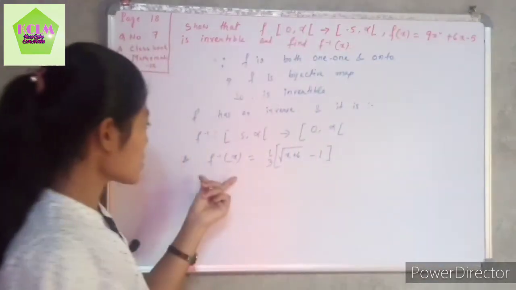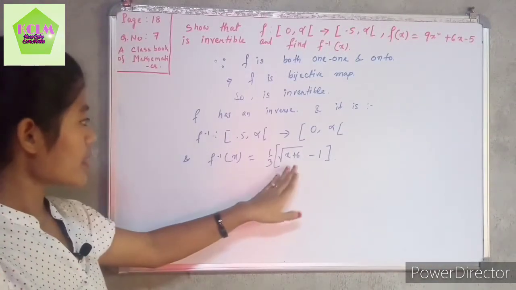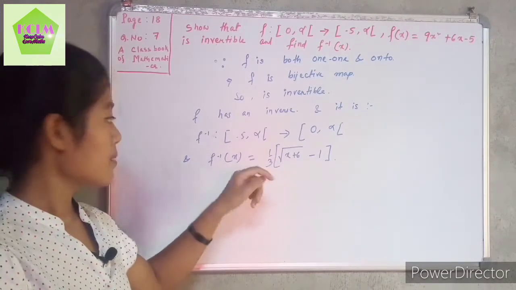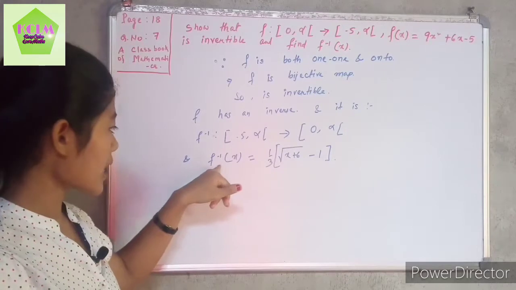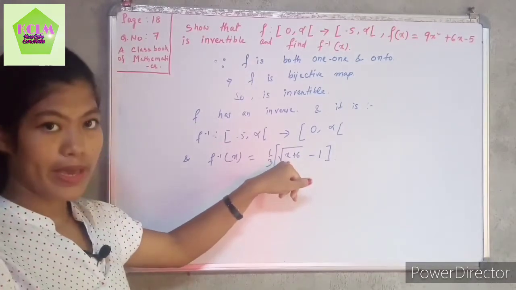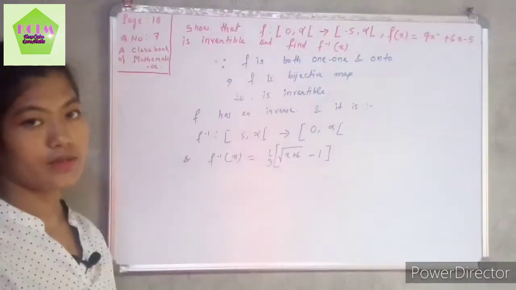So this is the inverse of f. Here we have y plus 6 minus 1, but since I am writing f inverse of x, if we replace y by x, it does not matter.